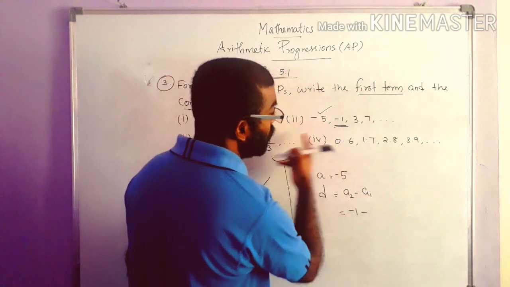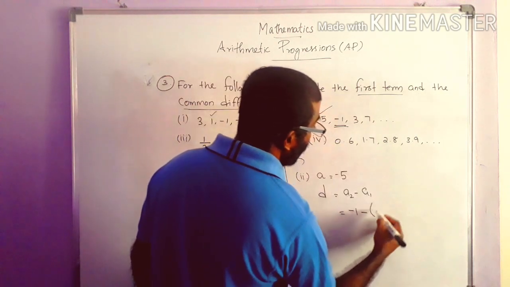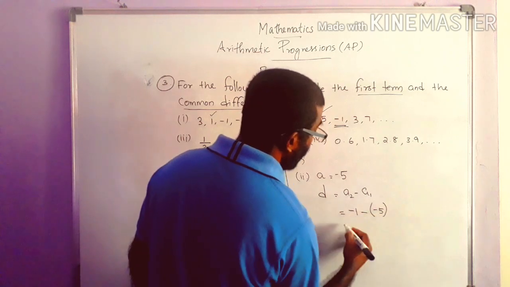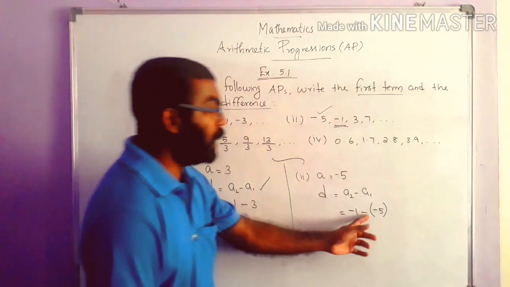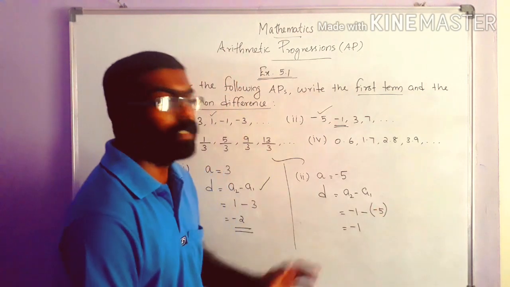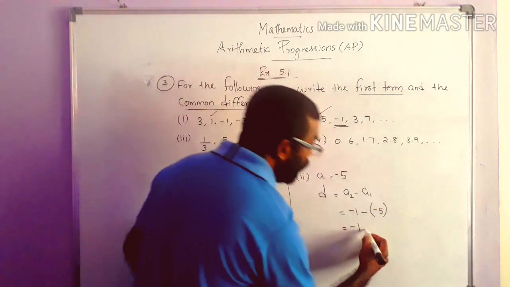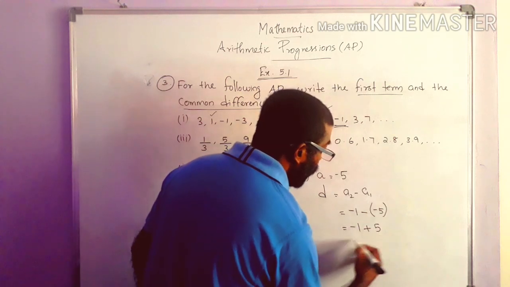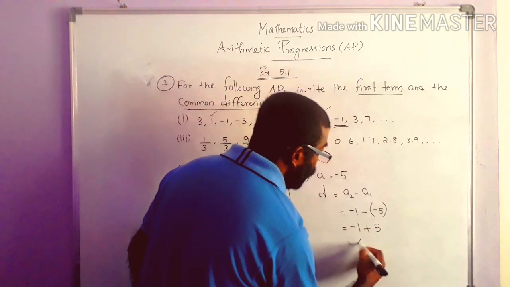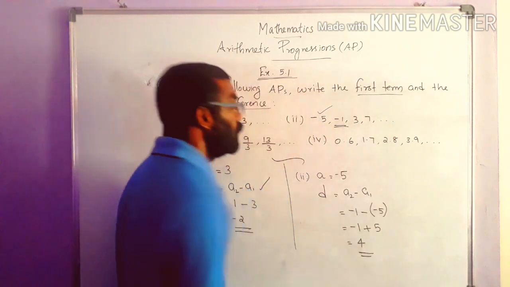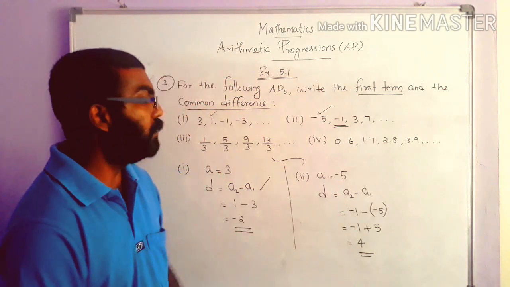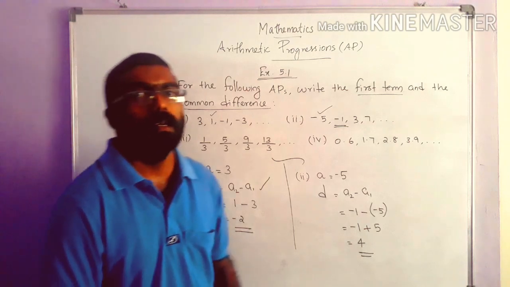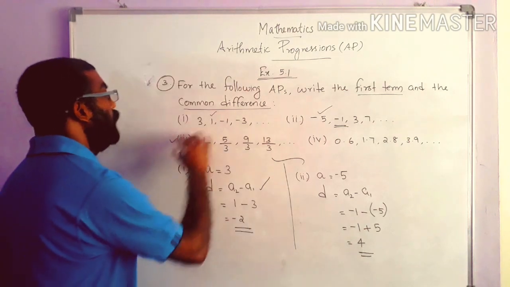A1 is again minus, so you can put a bracket, minus 5, which will be equal to minus 1 minus of minus. What is minus into minus? It becomes plus. So minus 1 plus 5, which is equal to 4. So A is equal to minus 5 and D is equal to what? 4. Okay. Clear?